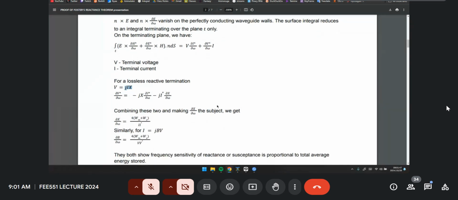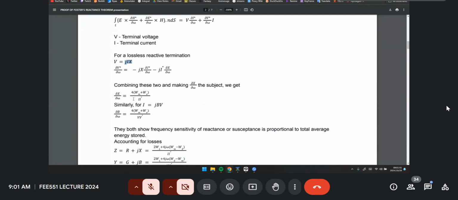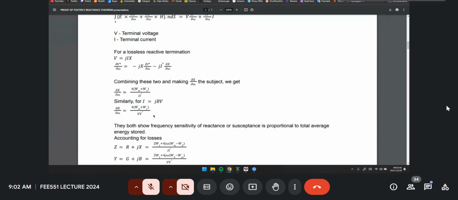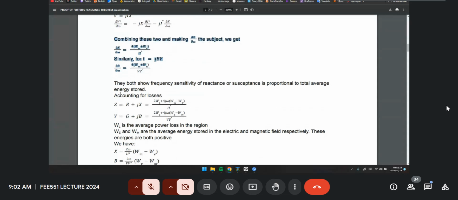Combining these two and taking dX/dW as the subject, we get this equation. And for I equal to jBV, we get this equation. Now, from these two, we can notice that the equations are positive. This is actually the proof of the reactance theorem.